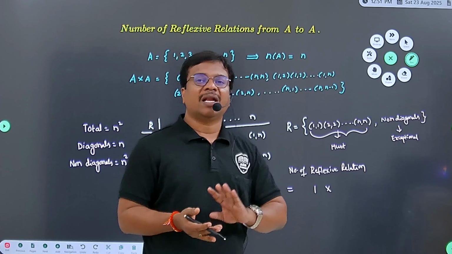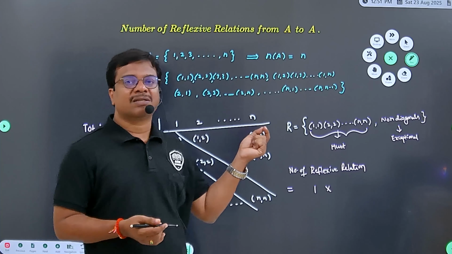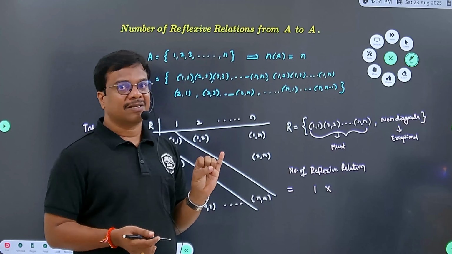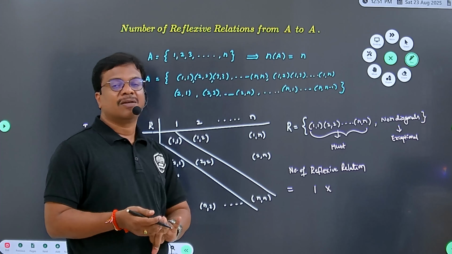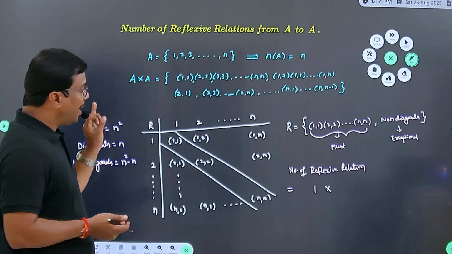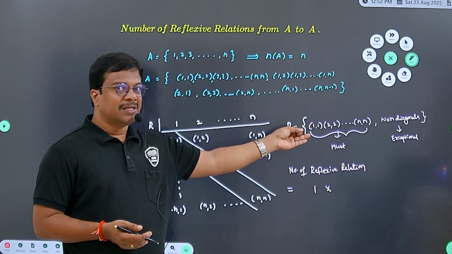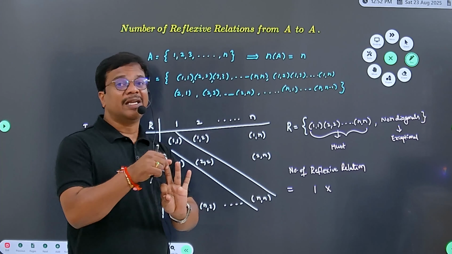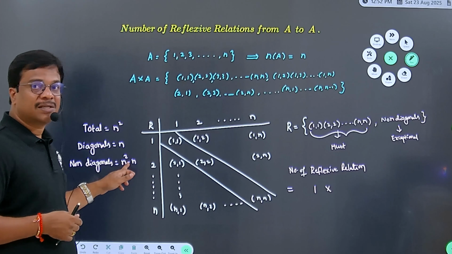They may be present or may not be present in the relation, so there is a chance of writing no non-diagonals, or writing only one non-diagonal entry. Another possibility, diagonals must, and then non-diagonals only 2, next only 3, only 4, up to n square minus n non-diagonals.